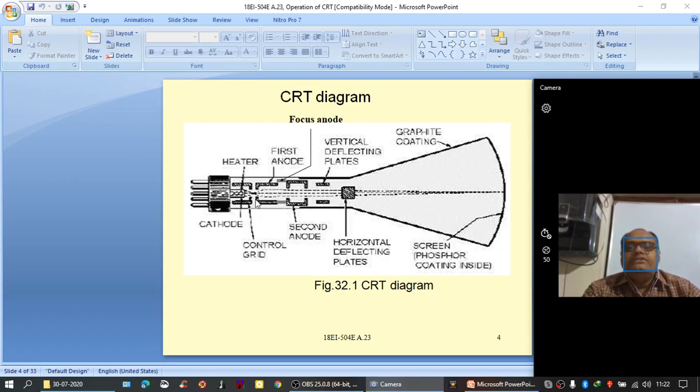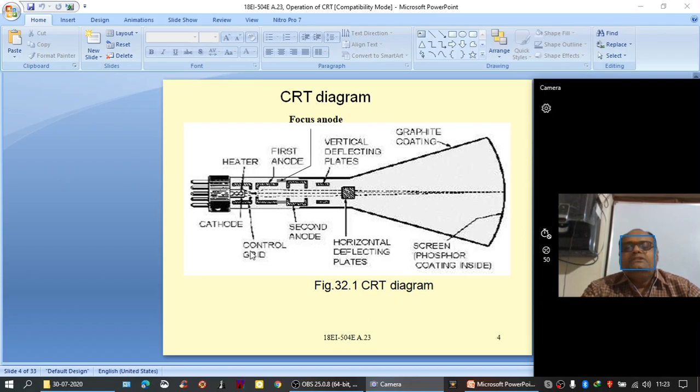The control grid would actually be of cylindrical shape, and a small narrow hole will be there, coaxial with the cathode and the heater element at the center.